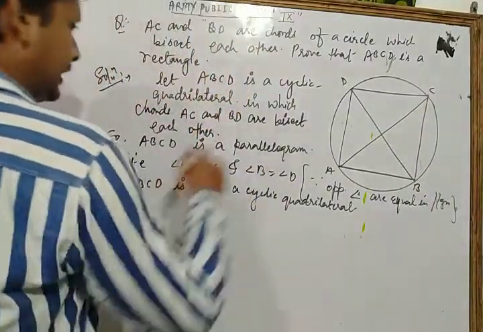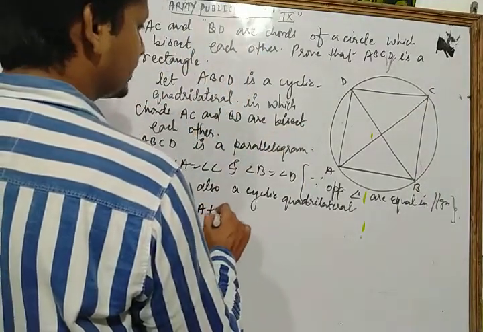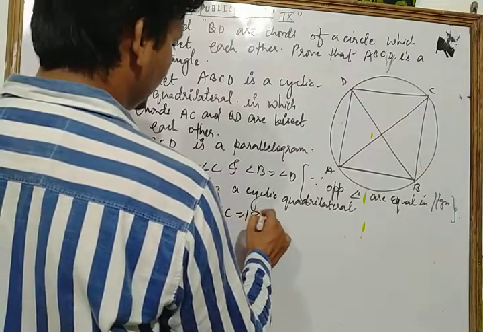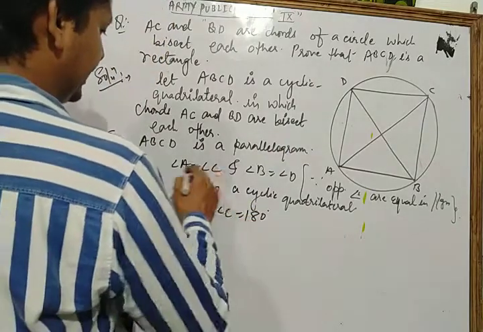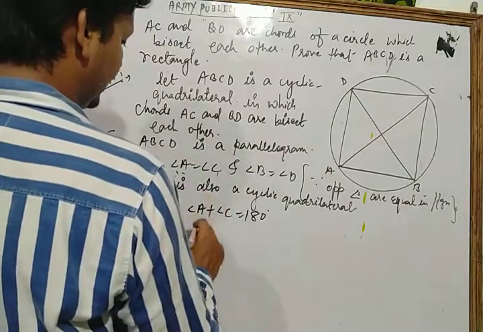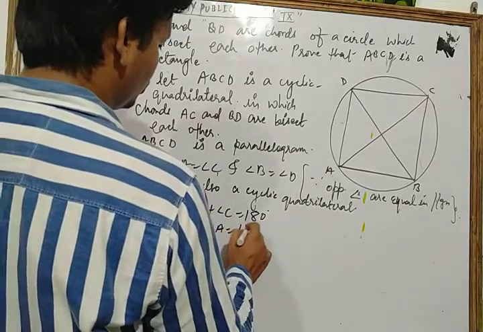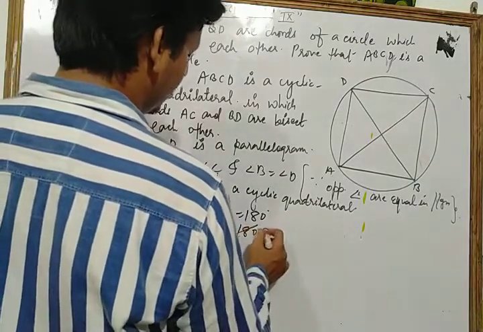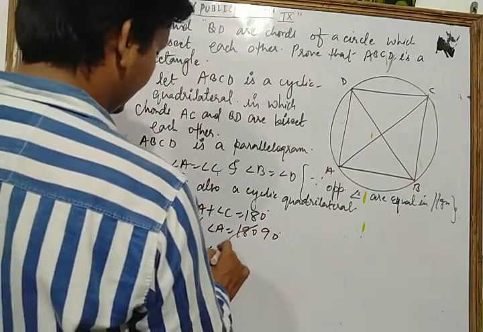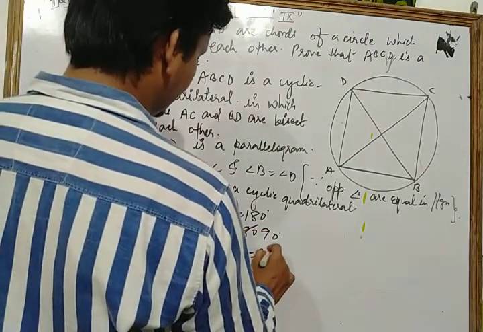So angle A plus angle C is equal to 180. As angle A is equal to angle C, 2 times angle A is equal to 180, that is angle A as well as angle C each equal to 90 degrees.